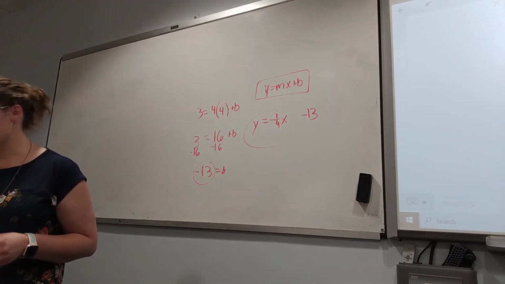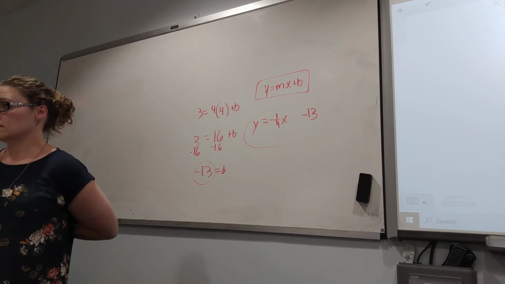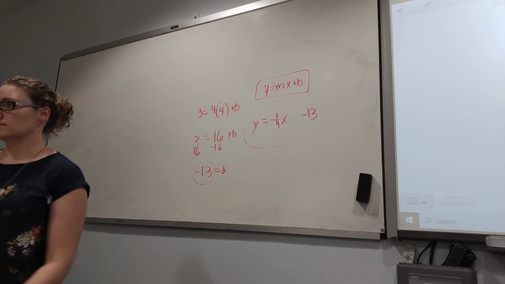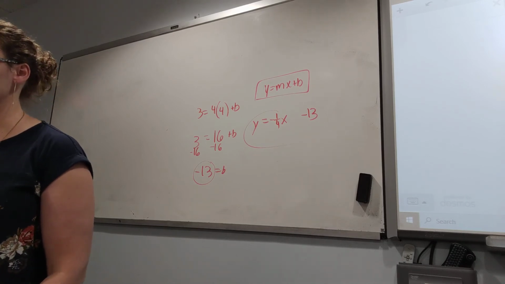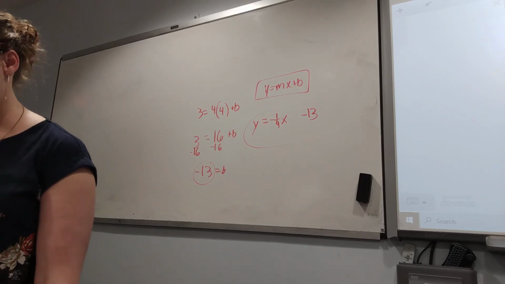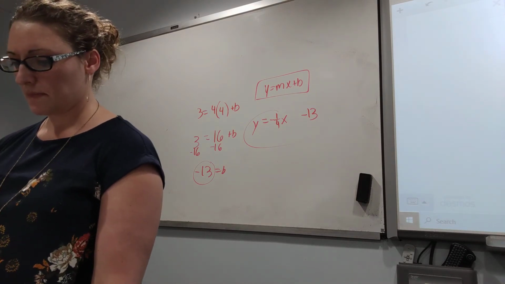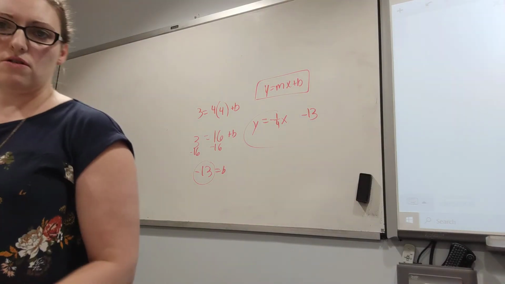You don't change the b. You only change the slope for the second equation, because you want to make it perpendicular.